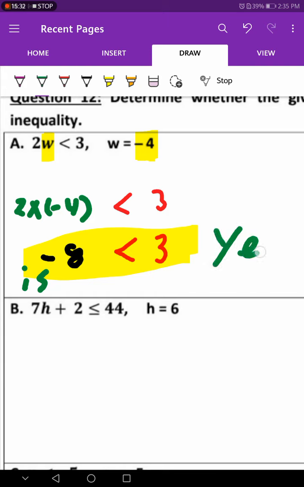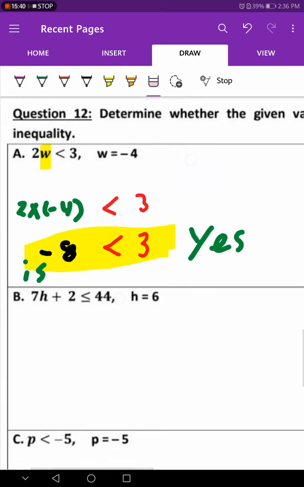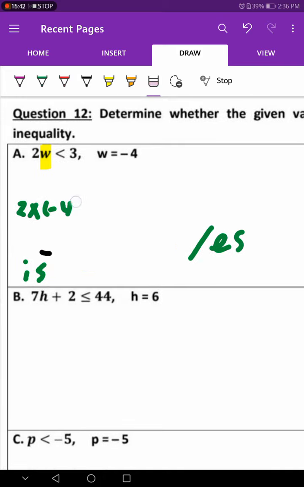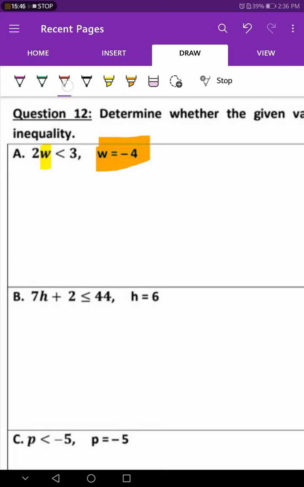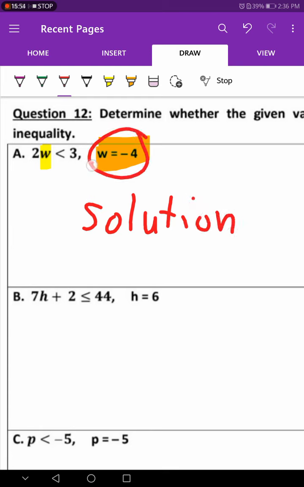That means this value is a solution. So yes, this is a solution. So negative 4 is a solution. So again, what is the solution? The solution is the number or the value that makes the inequality correct.